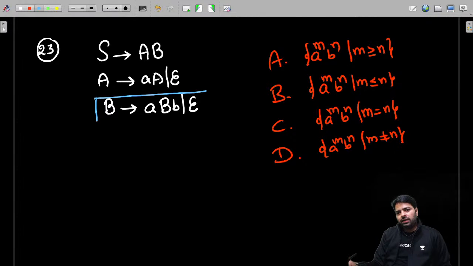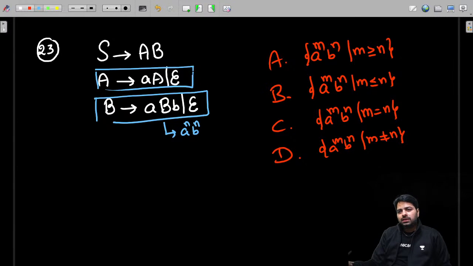If you focus on B, this generates A power N, B power N. And focus on this. And guys, some people had a confusion. Here capital A is there. Don't make that mistake. Capital A is different. Capital B is different. The recursion is there. That's why I'm putting that direct answer, because we practice a lot. And always focus, is it B or A? Both are different answers.